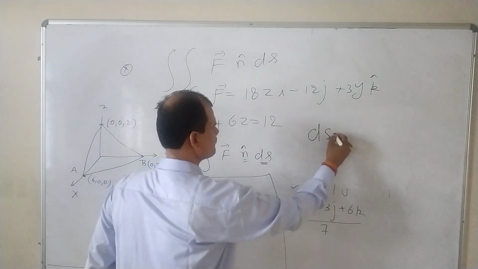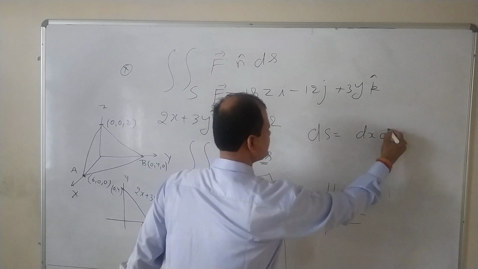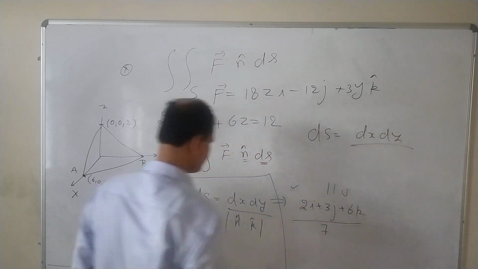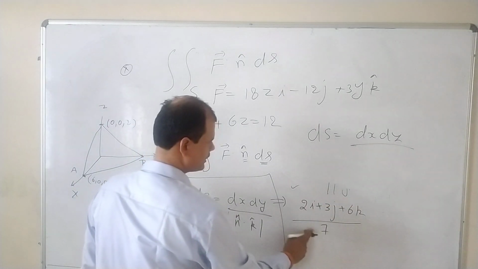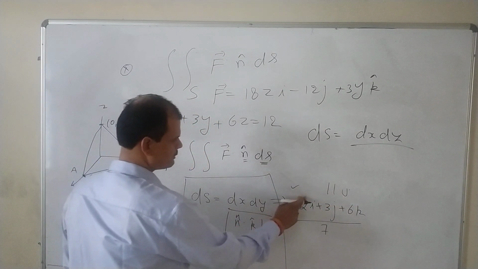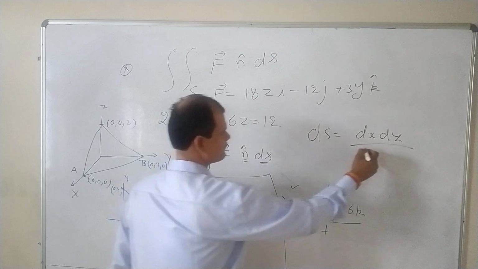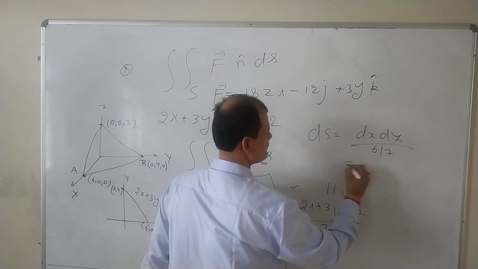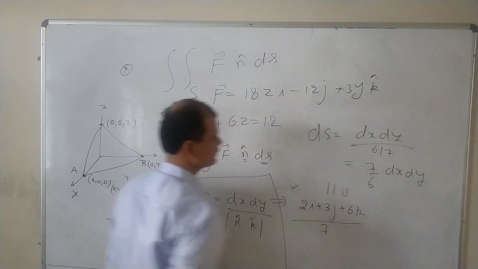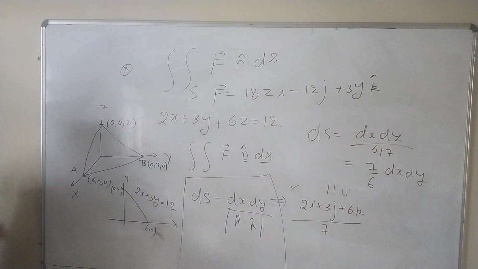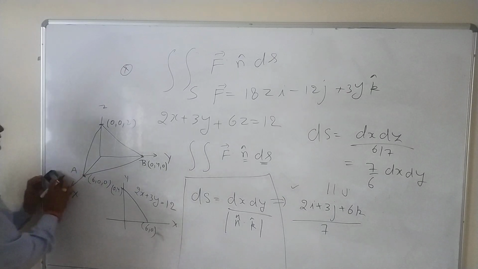Your dS will be dx dy divided by n cap · k, where n cap is (2i plus 3j plus 6k) by 7. Multiplying by k, only 6 by 7 remains, so dS is 7 by 6 dx dy. Fine. Now we have F, we have n cap, we have dS as dx dy. Now we can solve it.